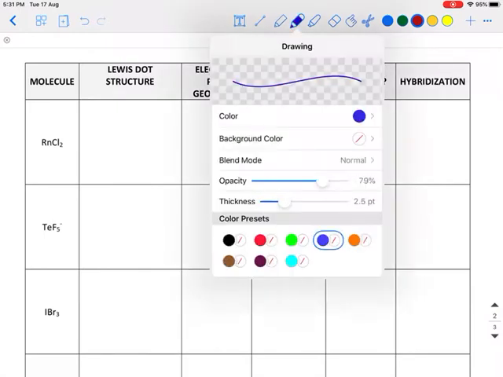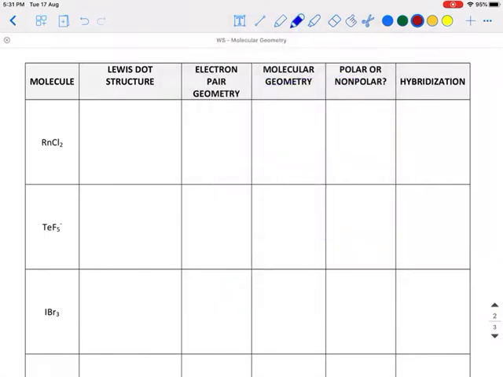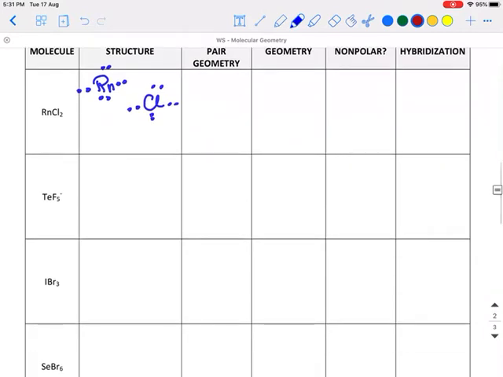Let us see radon dichloride. Radon belongs to group 8: 1, 2, 3, 4, 5, 6, 7, 8. Chlorine belongs to group 7: 1, 2, 3, 4, 5, 6, 7. Radon is surrounded by 2 chlorine.